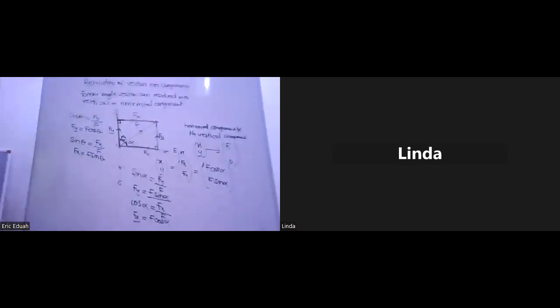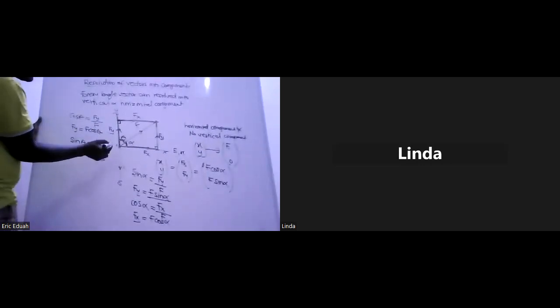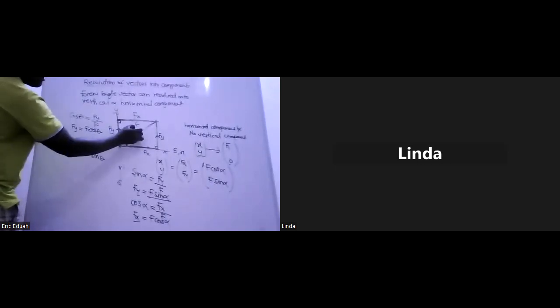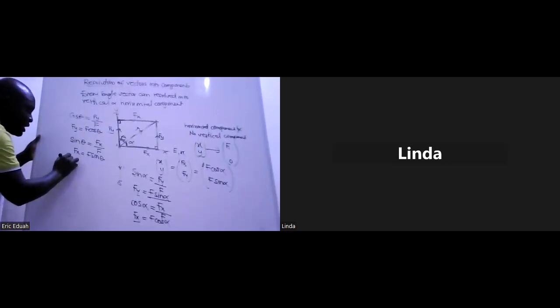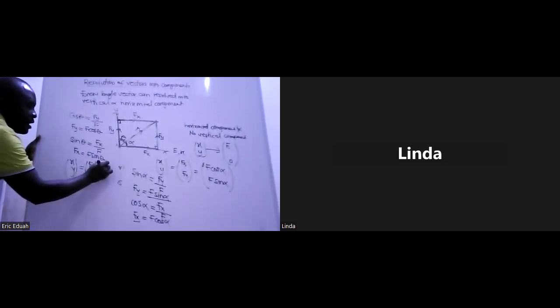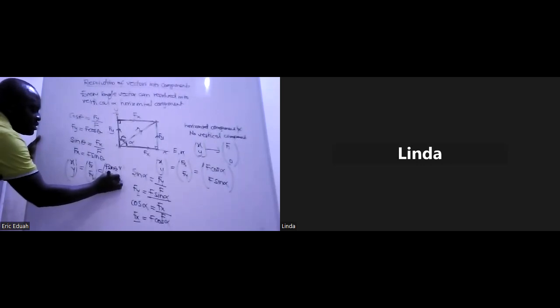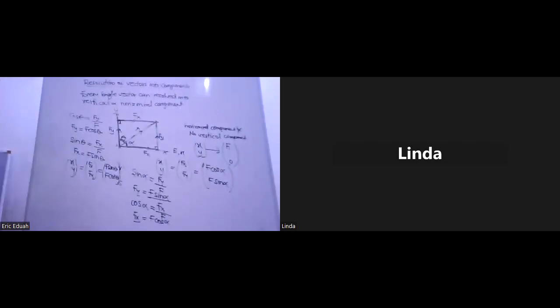So it means that if we are resolving this force F into components using the angle it makes with the y, the x and y components will become F sine theta and F cos theta. And look at the similarity.